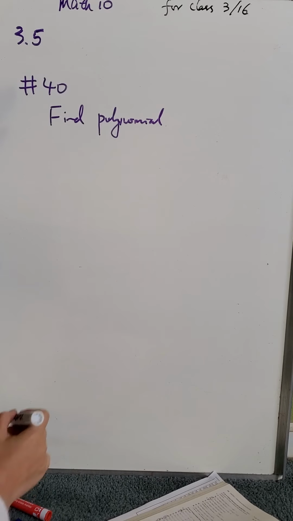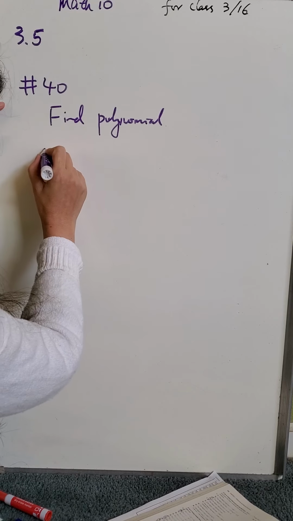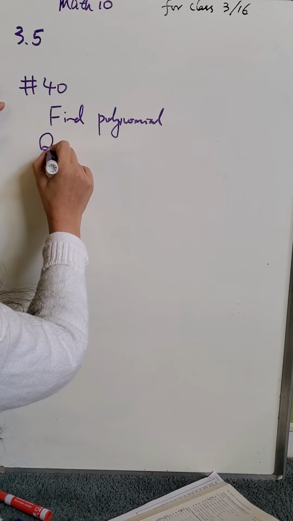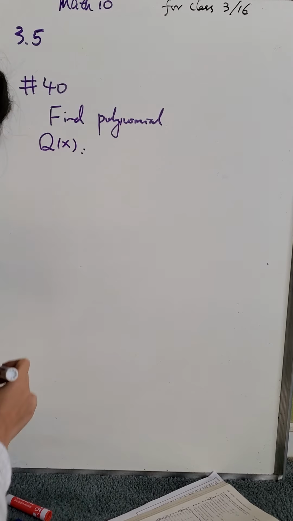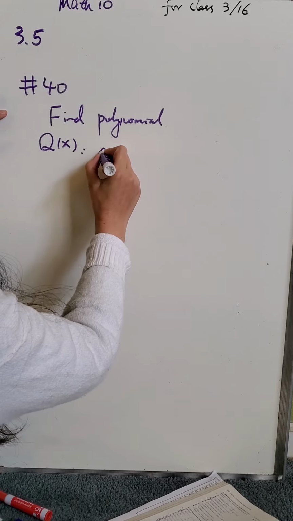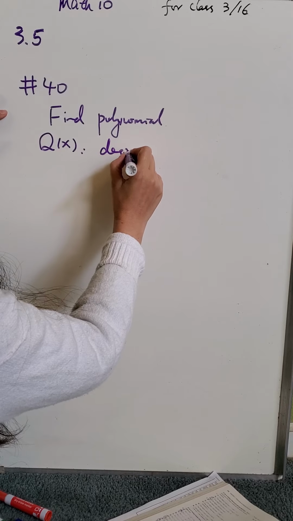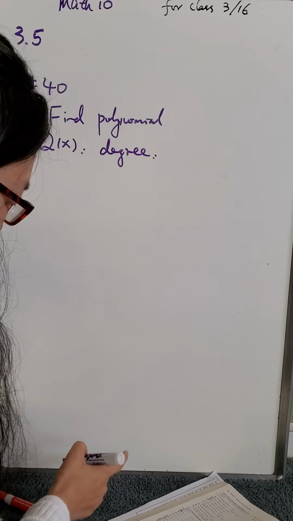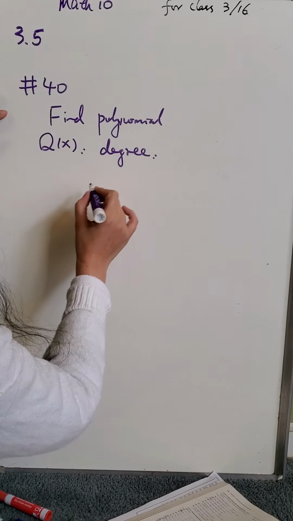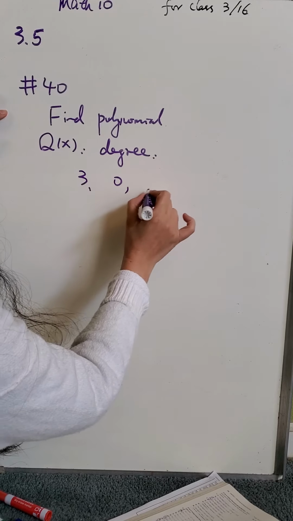And if you are given, okay, the polynomial is x cubed. It has a degree. The degree for this polynomial is going to be 3, with zeros 0 and i.